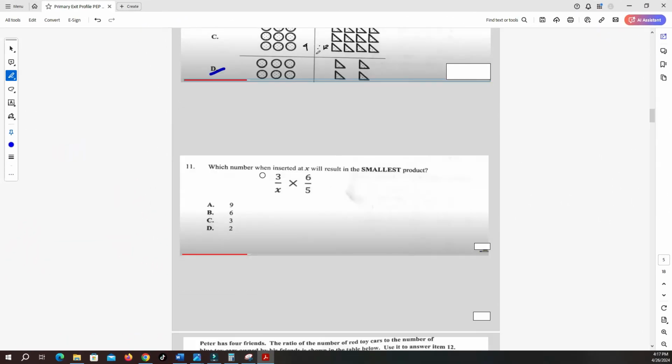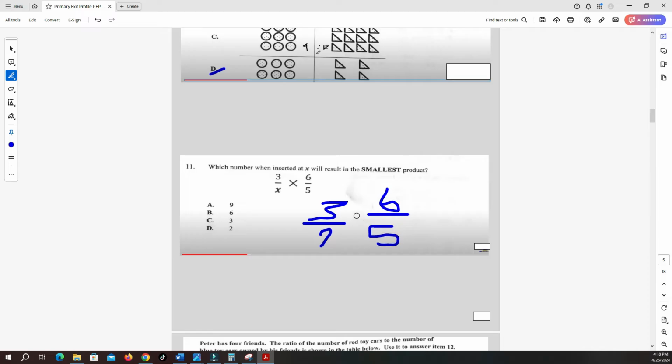Which number, when inserted at X, will result in the smallest product? The smallest product. Oh, this one looks tough. No, it's not. Alright, I think I'm looking at it and it looks like 9. If I put 9 down here, so it's 3 over 9 times 6 over 5.